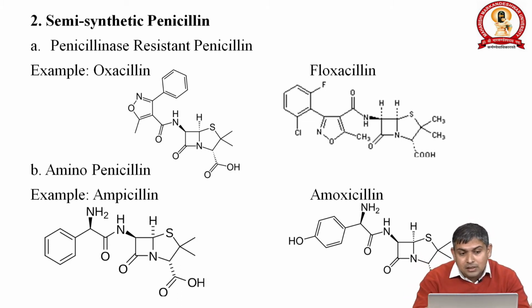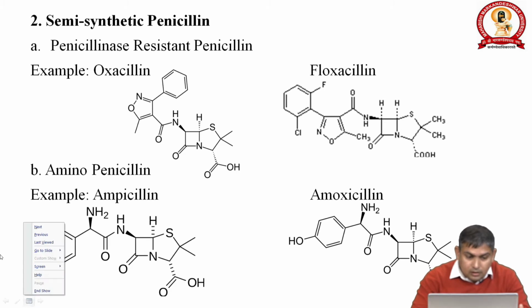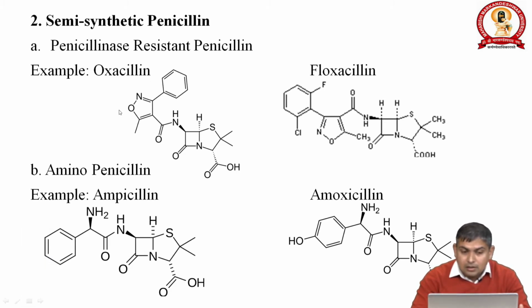So the first example of penicillinase resistant penicillin is oxacillin, and oxacillin is characterized by the presence of this ring substitution, a heterocyclic ring having oxygen and nitrogen, and this isoxazole is substituted with a methyl substitution and a phenyl substitution. This is the structure representation of oxacillin.